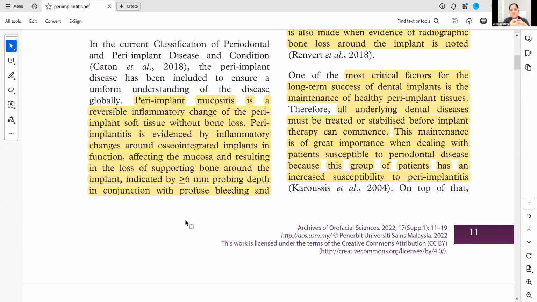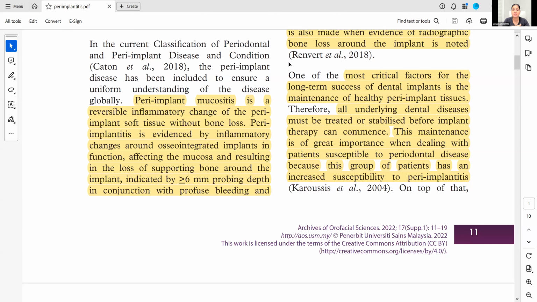The implant material, the prosthesis shape and material, and the surface texture affect the adaptation of the soft tissues around it. So there is only soft tissue involvement and inflammation, which is reversible in nature, like your gingivitis, and there is no bone involvement yet.